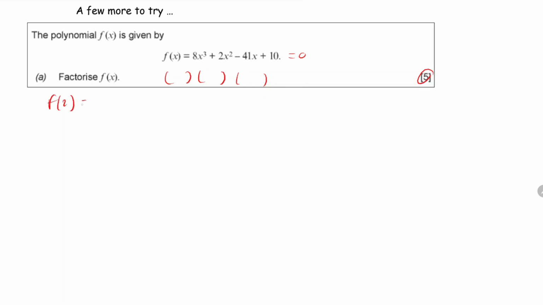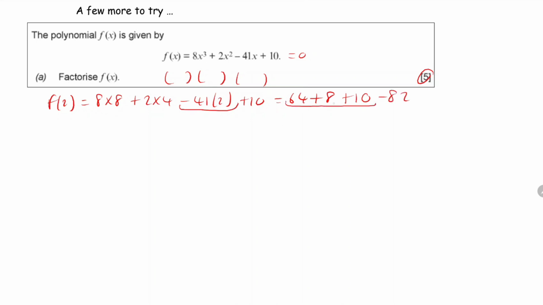If we find f of 2, that gives us 8 times by 8 plus 2 times by 4 minus 41 times by 2 plus 10, which is 64 plus 8 plus 10 and then minus 41 times by 2, which is 82.